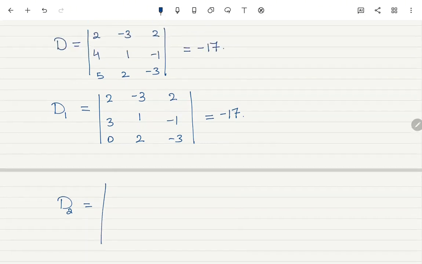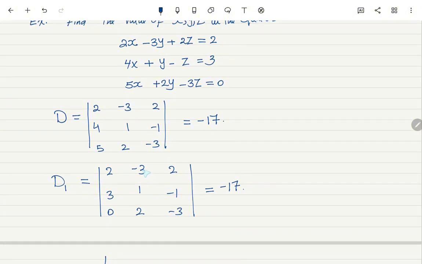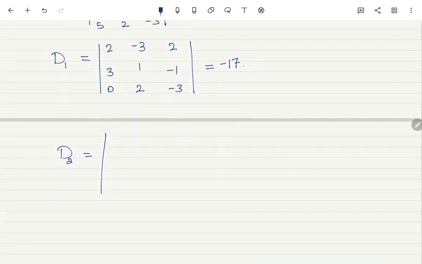Now let's calculate D2. Rather than the second column, we should place 2, 3, and 0, and keep the determinant as is. So it will be 2, 2, 2, 4, 3, minus 1, 5, 0, minus 3, and the value for this second determinant is equal to minus 34.